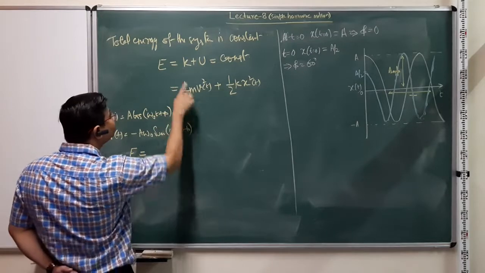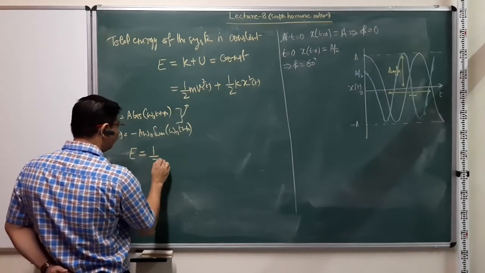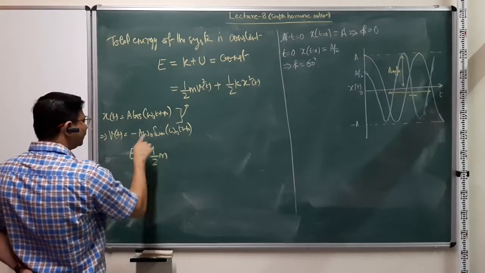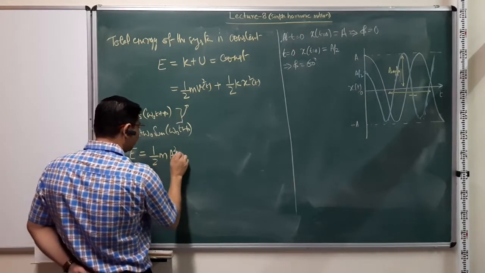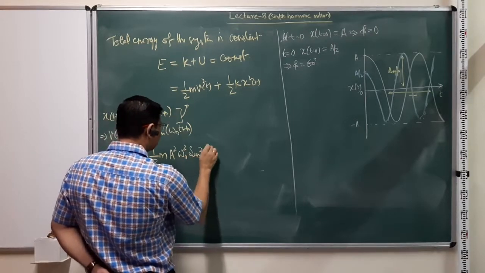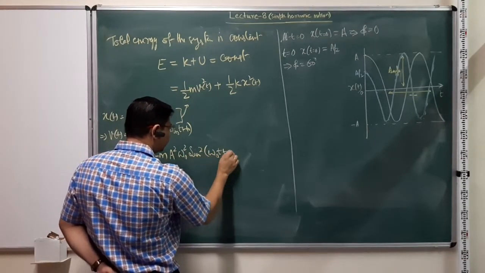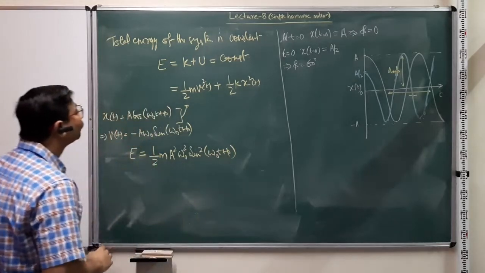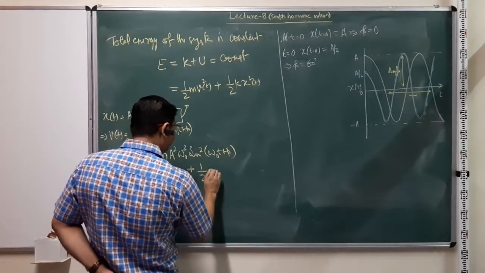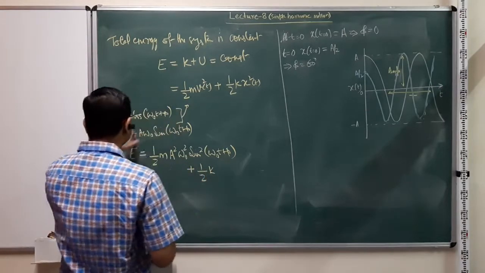So this will be half m v t square, so a square omega naught square sine square of omega naught t plus phi, right, plus half k x t square.